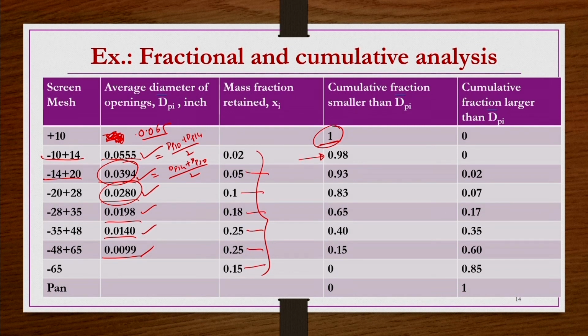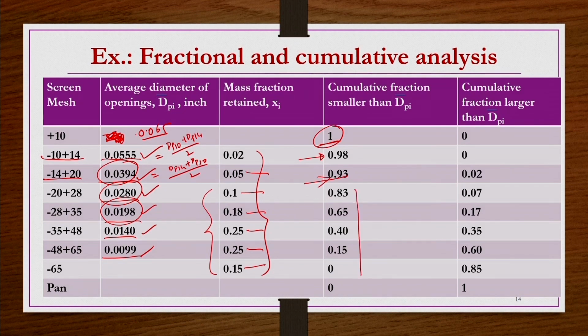So, that is 0.98. Likewise, the third row, what is the fraction of material whose size is smaller than 0.0394? So, all these 0.028, 0.018, all of them have smaller size compared to 0.0394. So, these fractions should be added together and written here. So, that is 0.93. Like that we have to construct all of them.